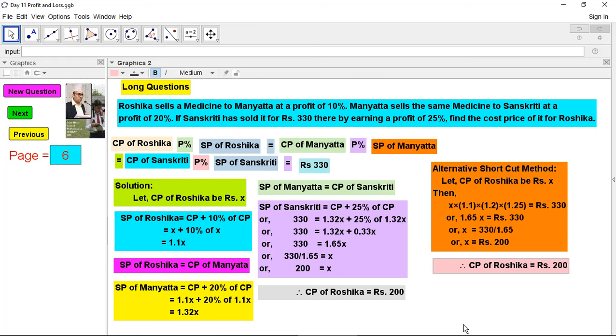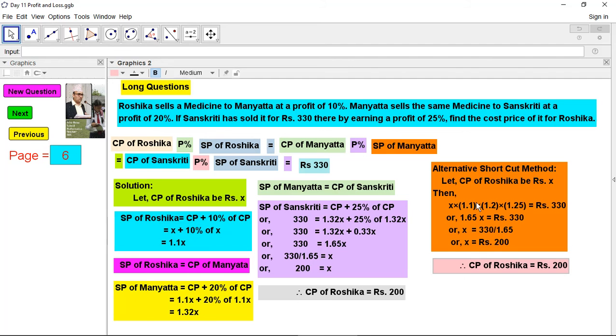If profit, 100% means 1 and 10% means 0.1. Here also 20% more, so 1.2. Here 25% more, 1.25 of the given number. If you suppose the same question with 200, 200 into 1.1 will be 220. That is adding the profit. Then again 220 into 1.2.